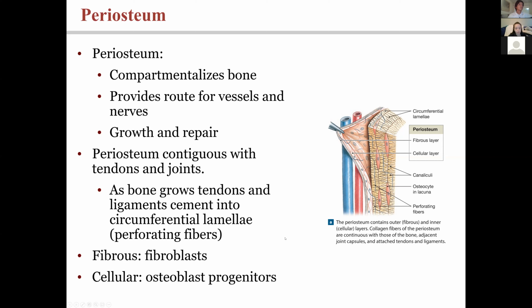There are also these perforating fibers that reach farther past the periosteum and into the circumferential lamella of bone, this circumferential lamella present here.